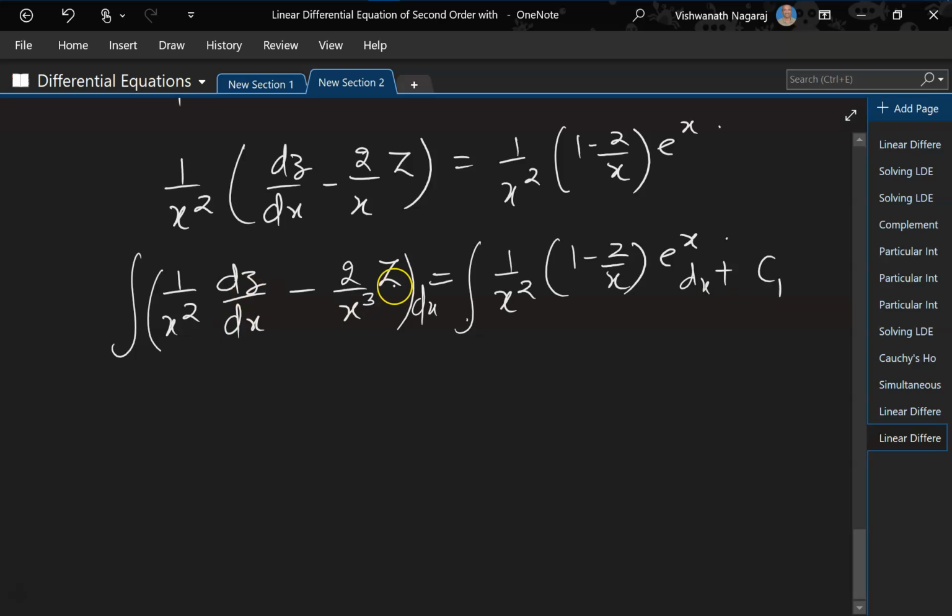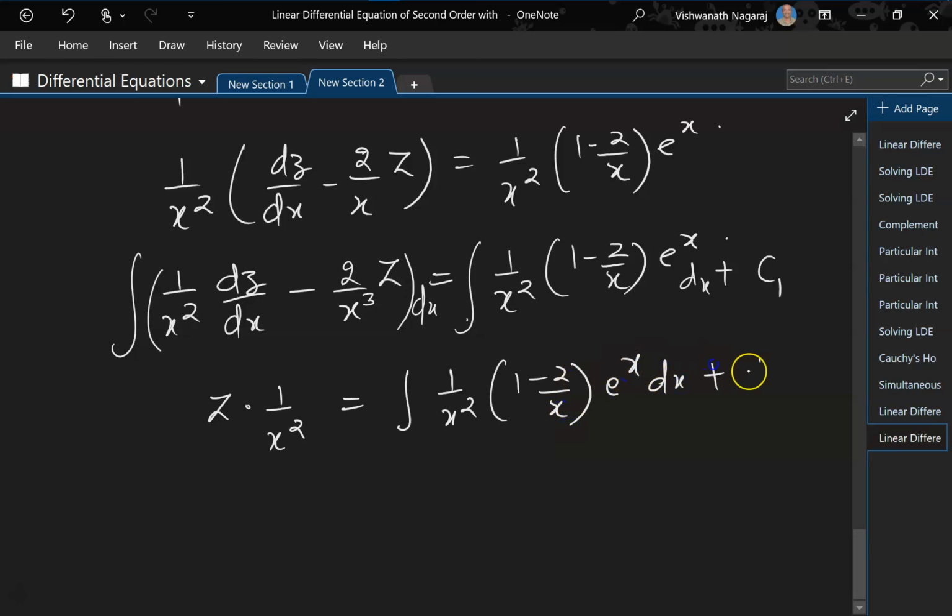If you look at this, here you have z and here you have dz/dx, here you have 1/x² and here you have minus 2/x³. So its integral is z times 1/x² equal to the integral of 1/x² times (1 minus 2/x) e to the power of x dx plus c1.